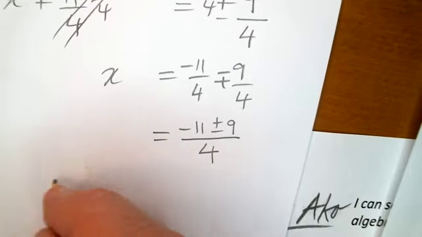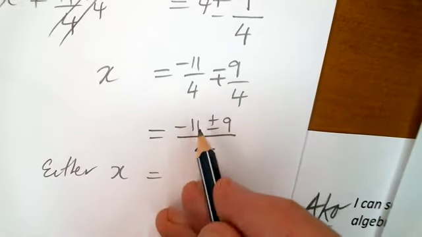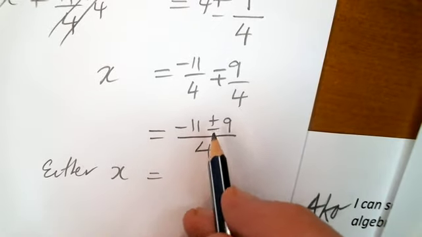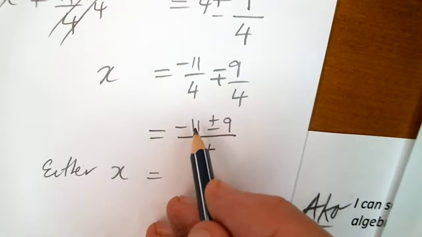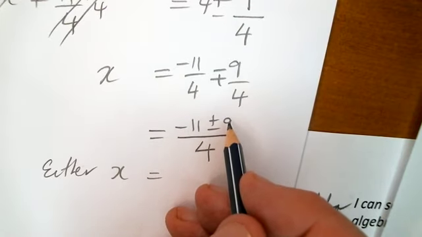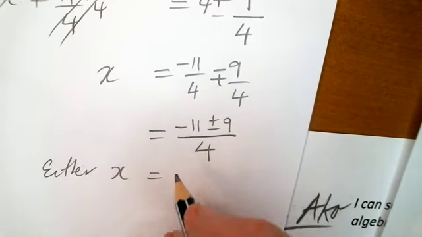So therefore we can say either x is equal to, and I'm going to add these first of all. So I'm going to have negative 11 plus 9, which is going to give me negative 2, and negative 2 divided by 4 is going to be negative 1/2.